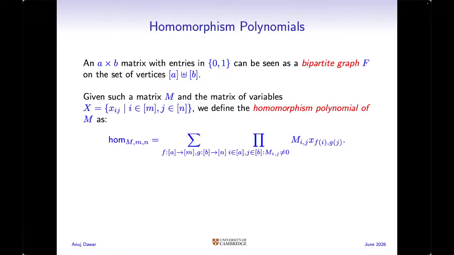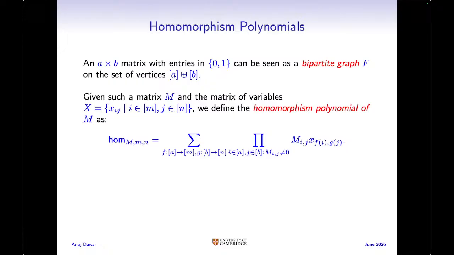It's the sum over all maps from A to M and B to N of these monomials, which is x_{f(i), g(j)}, taking the product over all values of i and j for which m_ij is non-zero. So if M is the biadjacency matrix, it's just 0, 1, so this is simply the product over all the edges that this maps to.